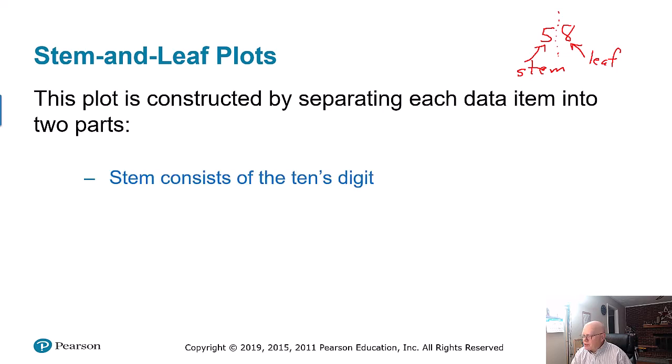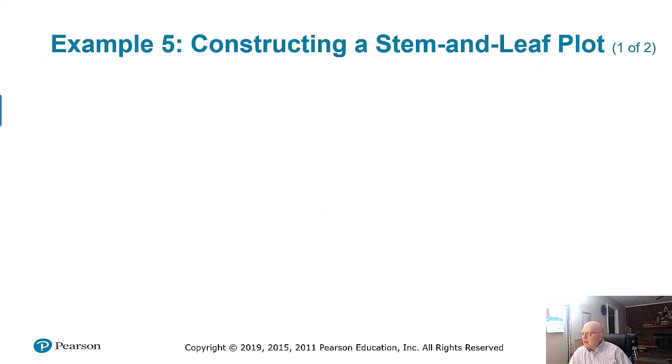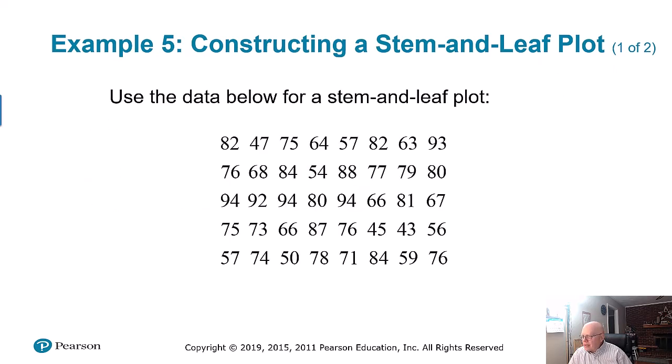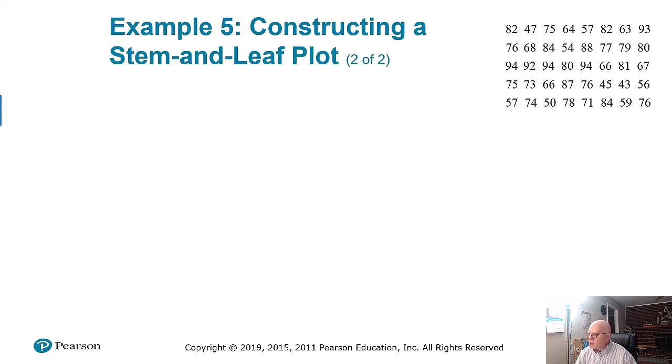Stem is a tens digit, leaf is a units digit. Like we had up here, this was a 5, and this was the 8. Now let's get some data in here so we can play with it. Here's that data again. Notice the 82 up here, the 76 down there. Same numbers as we had for the statistics class, I believe it was. So you'll take each one of those.